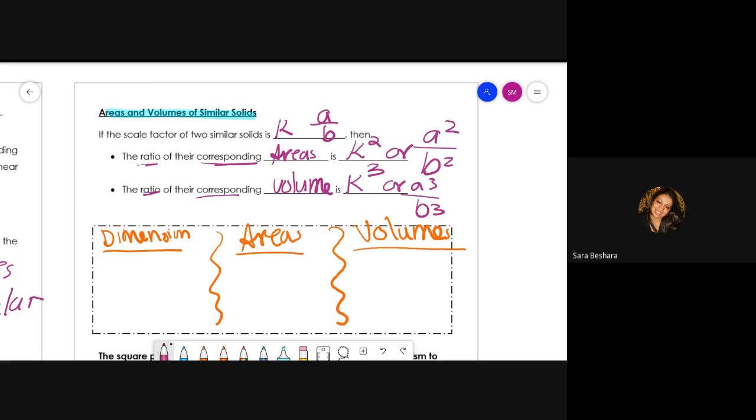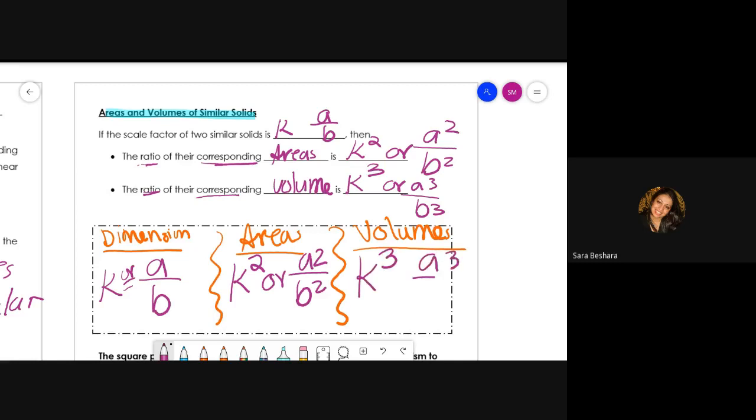So first, the dimensions are proportional with a scale factor of K or A over B. Areas: K becomes squared, or A squared over B squared. Volumes: K becomes cubed, or A cubed over B cubed.